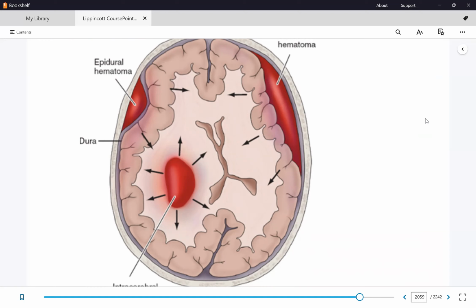Yes. So therefore, what do all hematomas do to intracranial pressure? They increase ICP. Moreover, let me show you a normal ventricle of the brain.